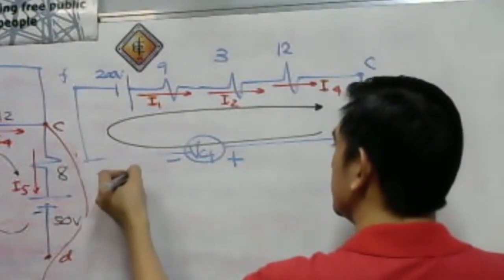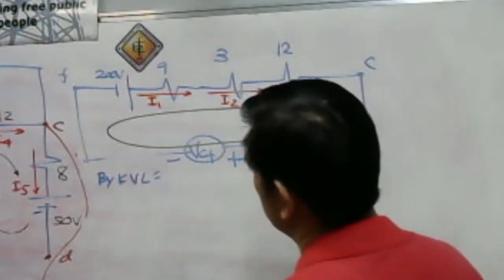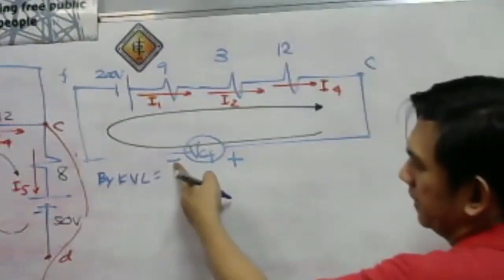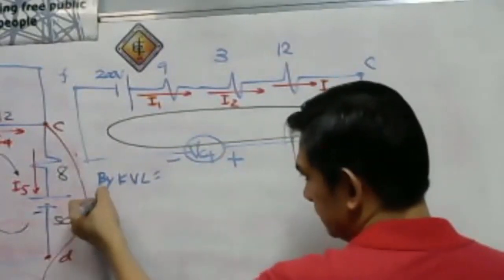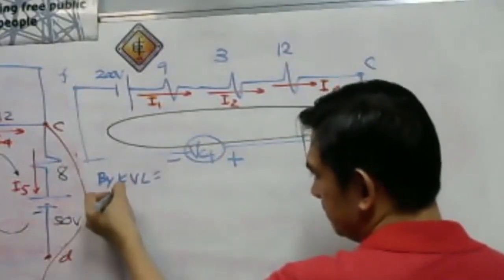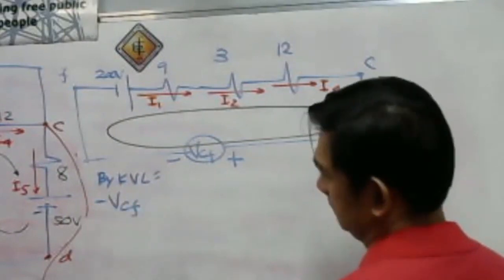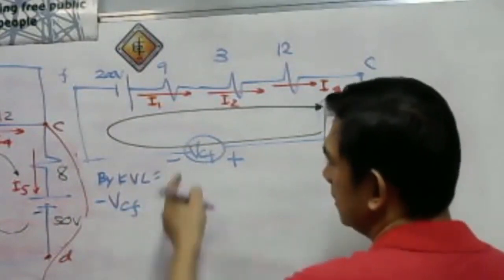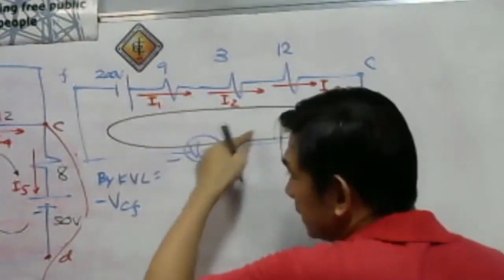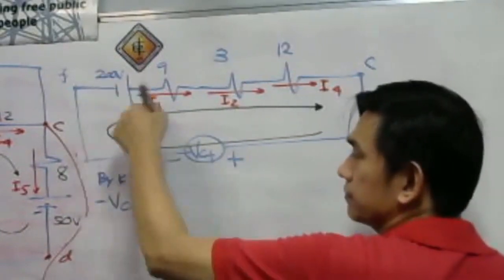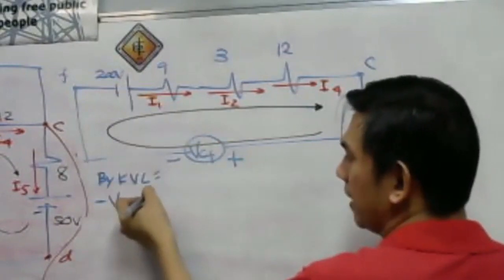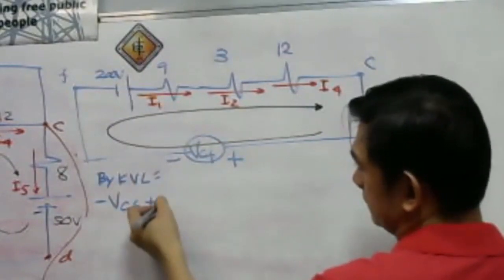By the Kirchhoff's voltage law, so what do we have here? Again, it leaves on the negative of BCF. That's negative BCF. Then the circuit tracing leaves on the positive of 200 volts. So therefore, it is positive 200.